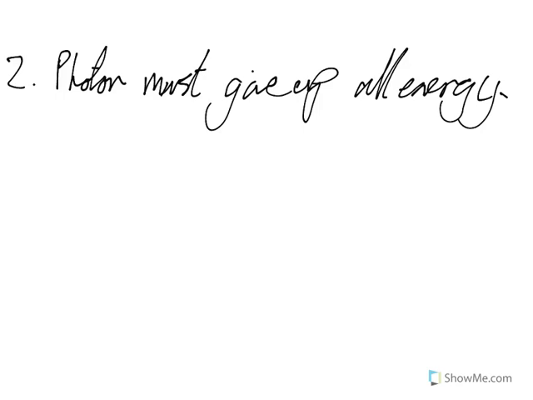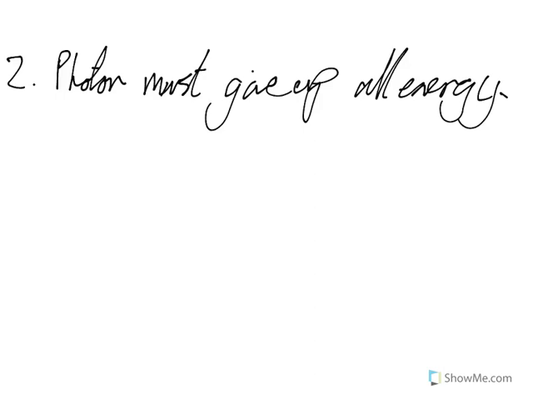And that's what they found, because if they shone a light on there that was a low frequency, remember energy is hf, then they wouldn't get any electrons off, no matter how bright that light was.